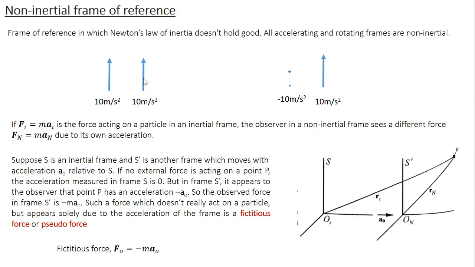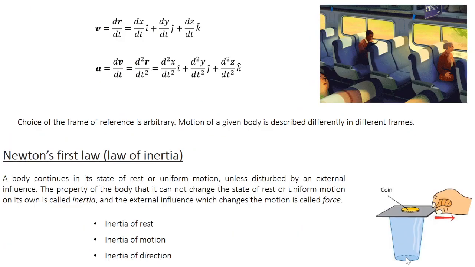Now when the observer looks at this object, what does he see? Since both the accelerations are same, to the observer in this frame, it appears that the object is at rest. Right? Just like the case of two passengers moving on the same train. To this passenger, it appears that this passenger is not moving and vice versa. Right?